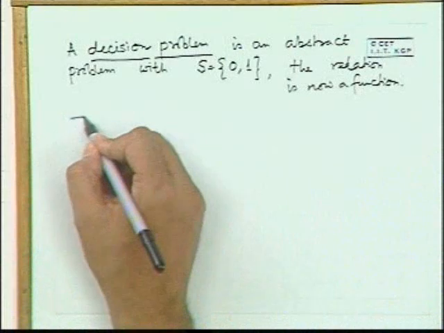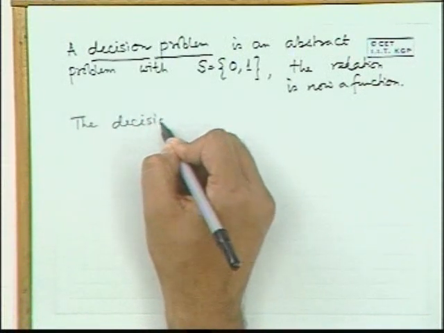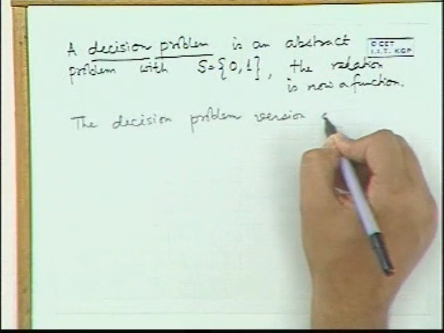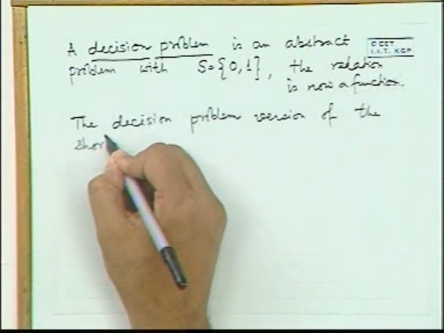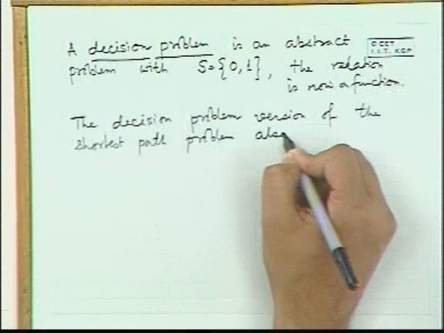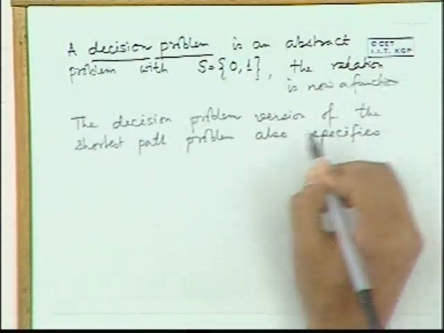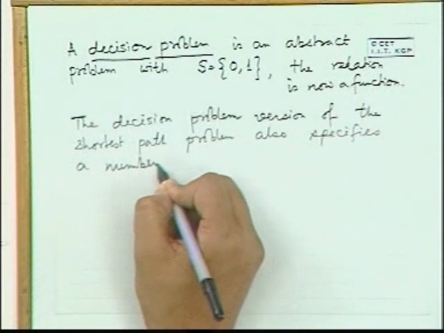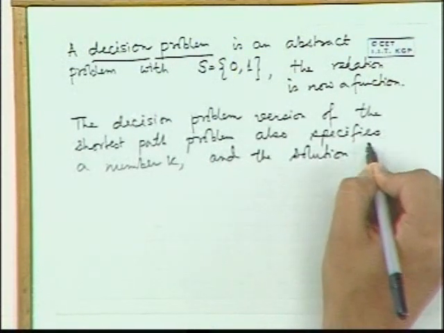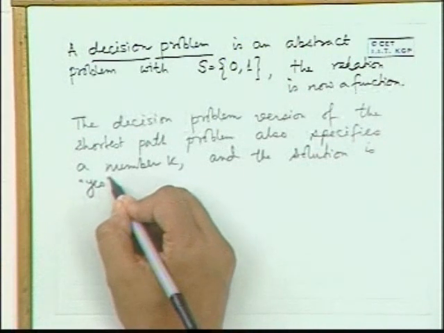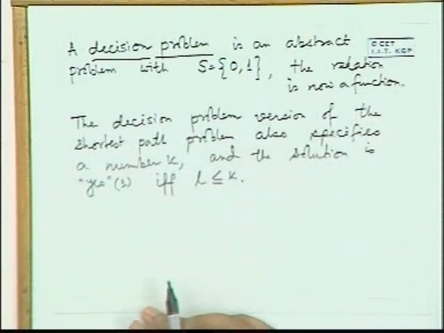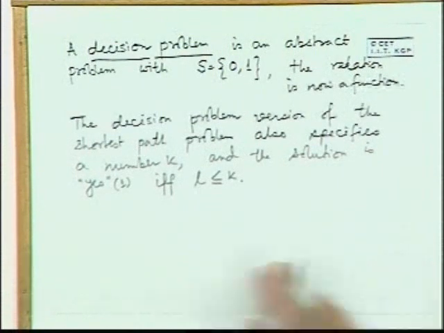So the decision problem version of the shortest path problem also specifies a number k, and the solution is yes, or 1, if and only if the length L is less than or equal to k. So here is a remark.